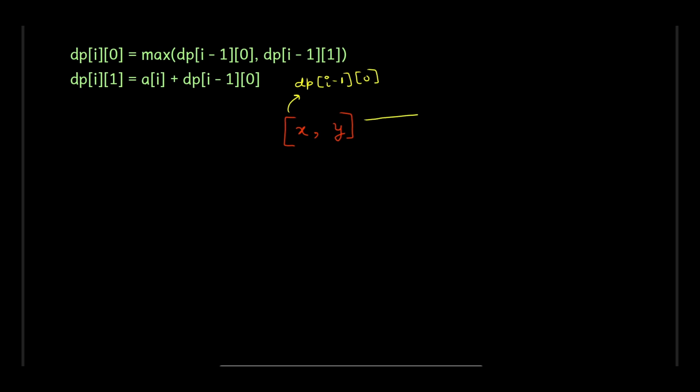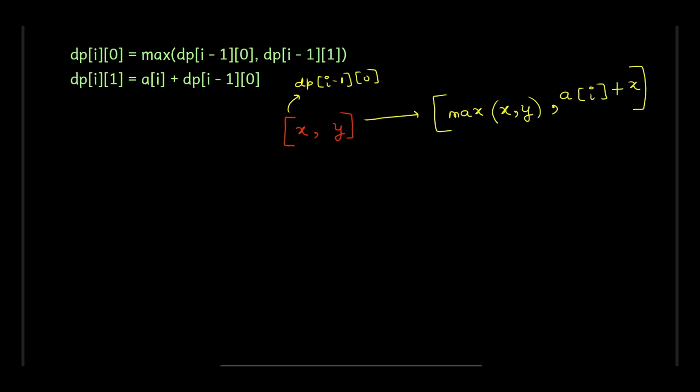Then when you do the transitions, if you decide to leave this element, it is nothing but max of x comma y, when you decide to skip. And when you decide to rob, it is nothing but ai plus dp of i minus 1, 0, which is x.